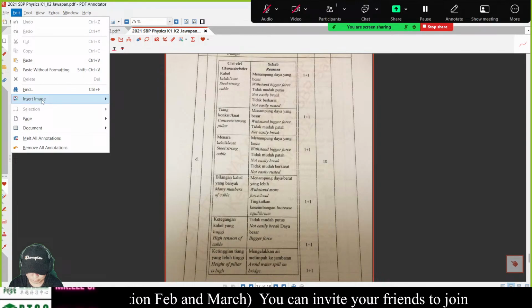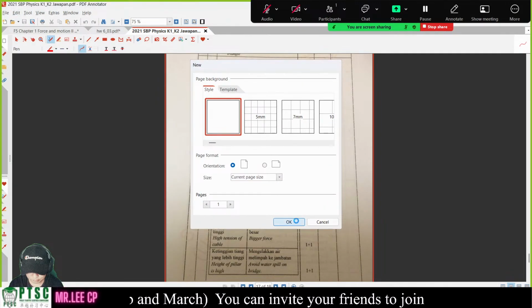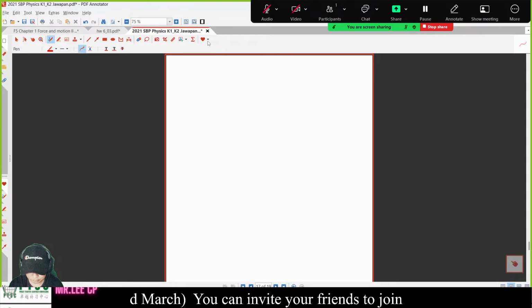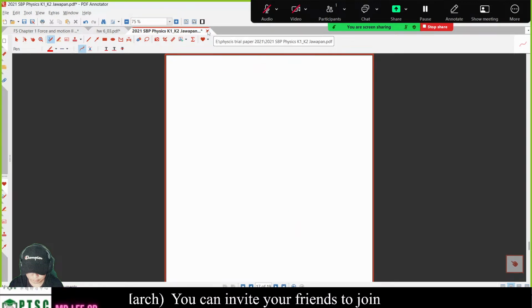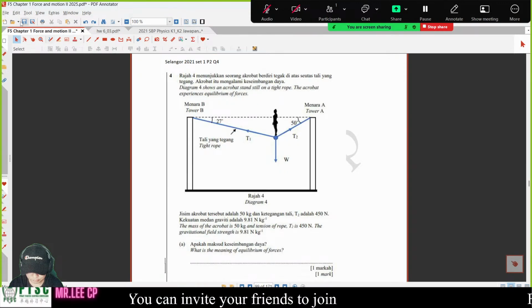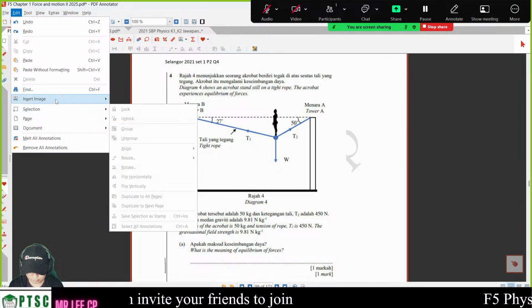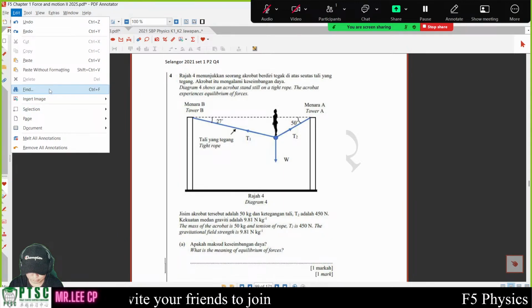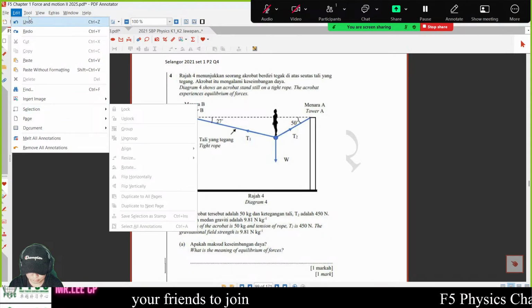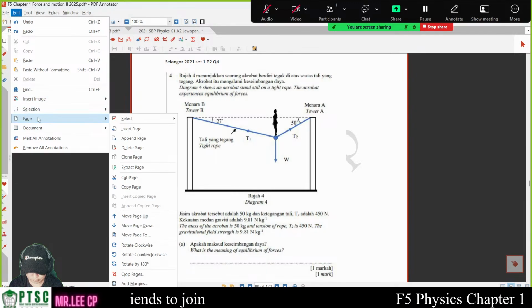Edit. Insert page. Okay. Oh, wrong. Not this one. Undo. Not here. What am I doing? Insert page. Where is the insert? Edit. Insert page. Here.